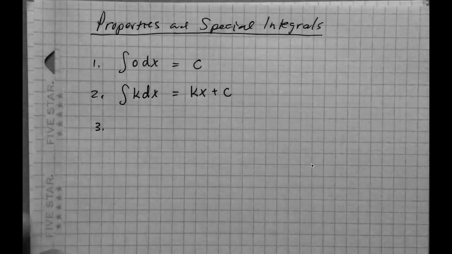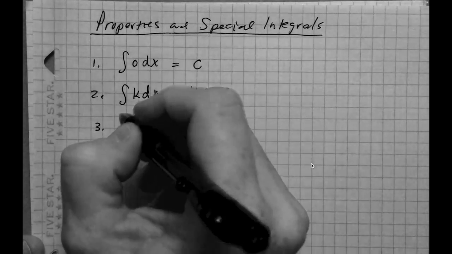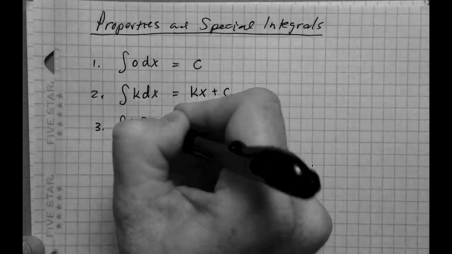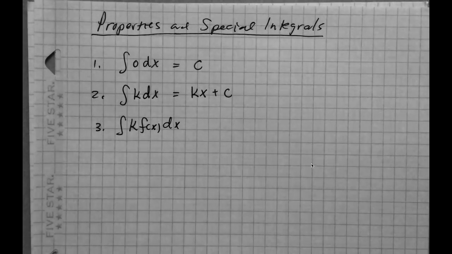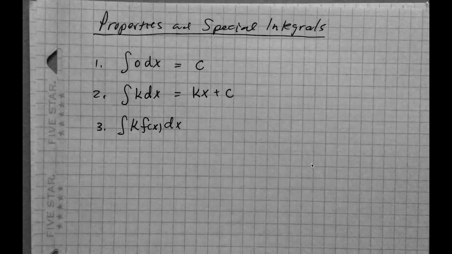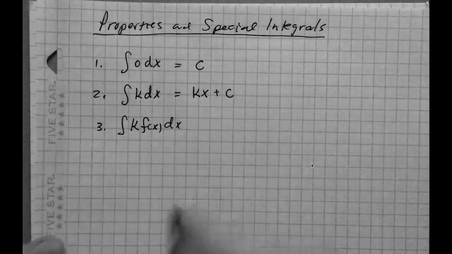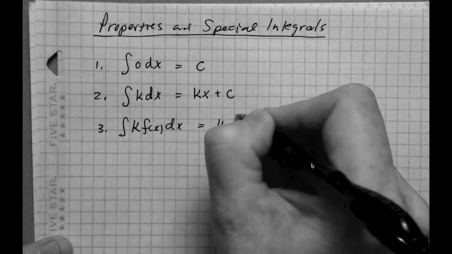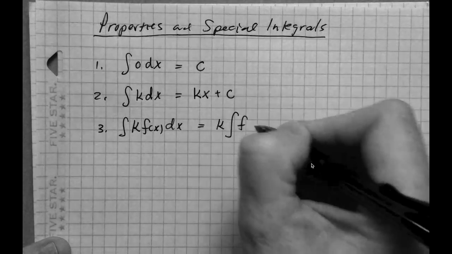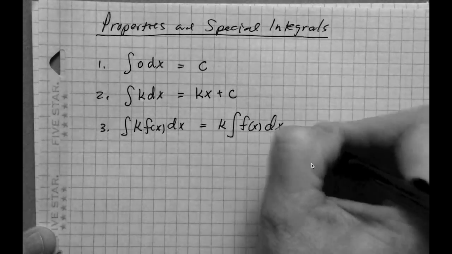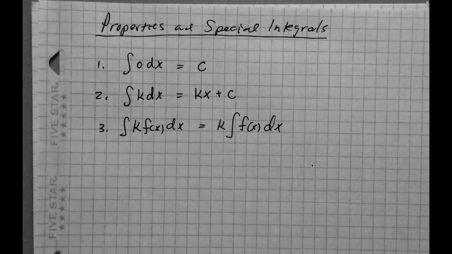Another one, this is a little more like a property. That's the integral of k times f of x. If f of x is some integrable function and k is just some real constant, then it's permissible for me to pull the constant outside of the integral and multiply it after the fact.